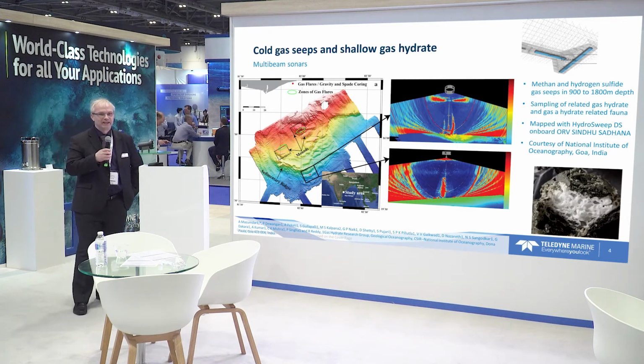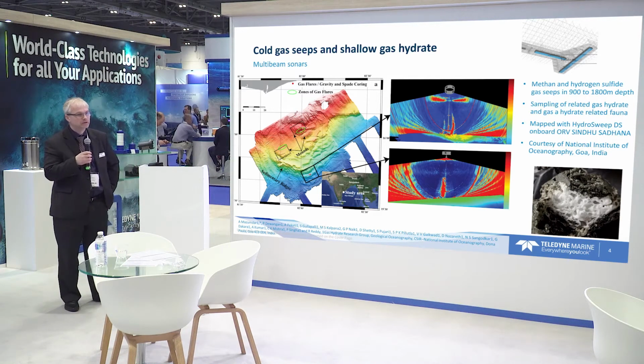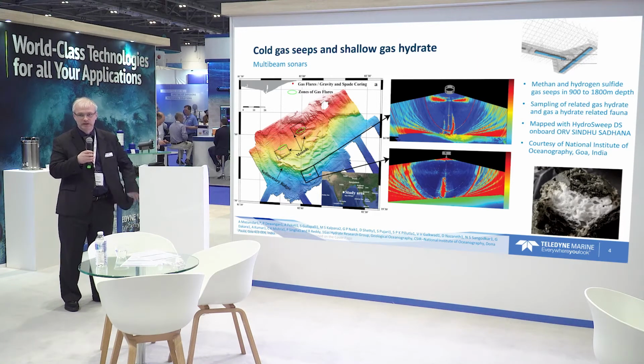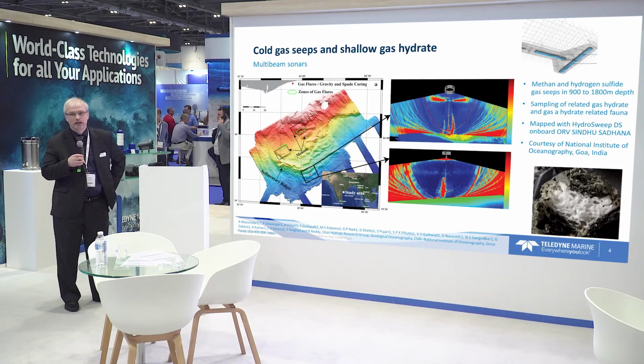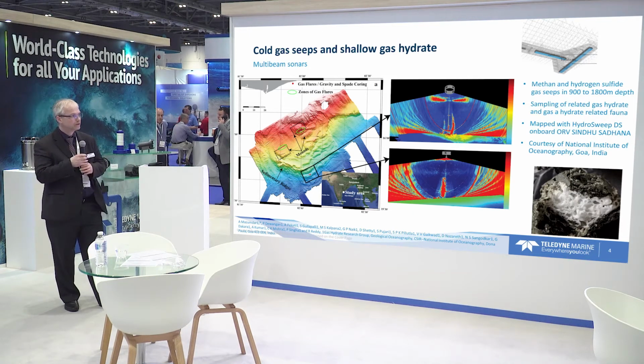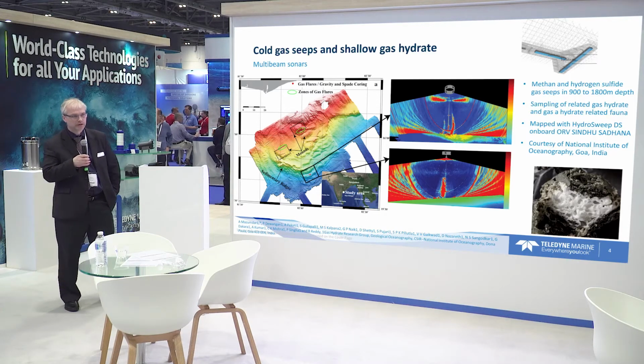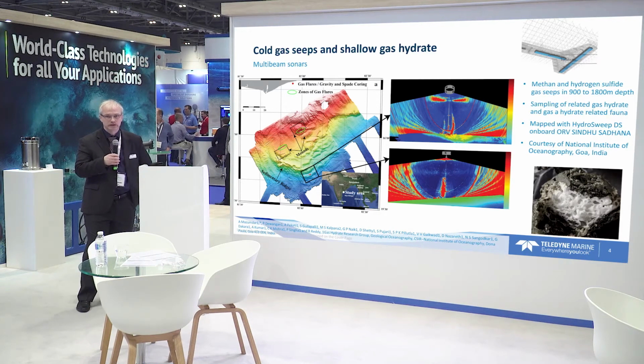The researchers on board the vessel have been able to localize where the gas seeps are actually coming out of the ground, and based on the multi-beam imagery, they were then able to further ground truth this information and use sediment cores to extract gas hydrates, as well as to find proof of fauna that is very specific to these kinds of gas-saturated waters and gas-saturated sediments. So this is one of the research projects based on our multi-beam sonars.